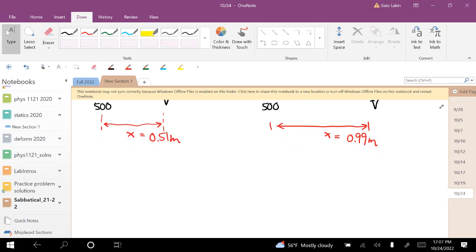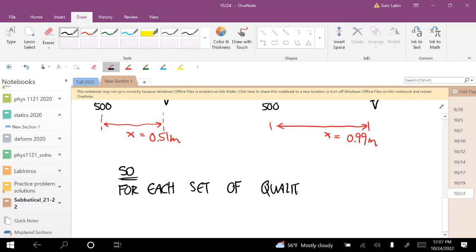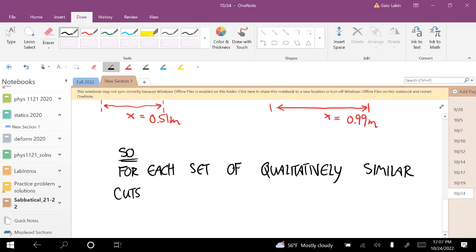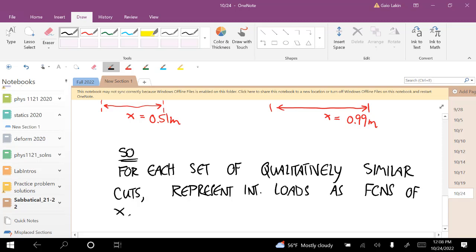What we're going to end up with is, for each set of qualitatively similar cuts, we can represent the internal loads as functions of x, okay? And we'll go through how to do that.